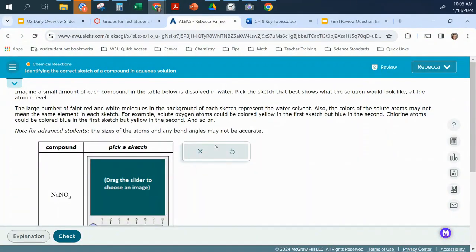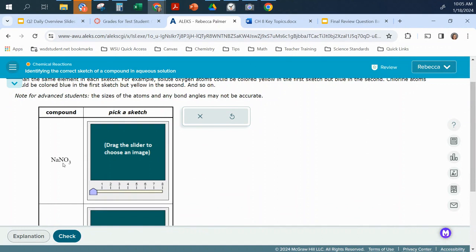All right, so this one, we have sodium nitrate. Is that ionic, covalent? Is it an acid? What do you think? Is this ionic or covalent?